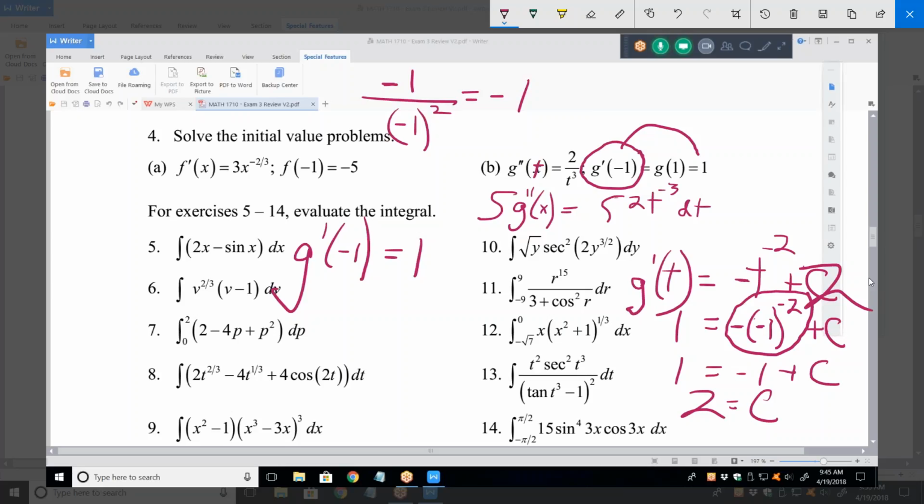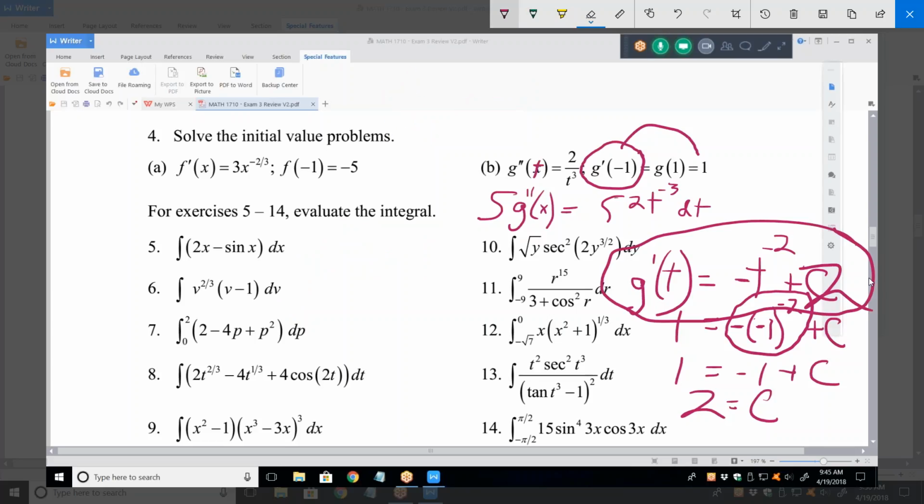That's what g prime of t is, right there. Let me go over here. Start doing the math here. So g prime of t equals minus t to the minus 2 plus 2.